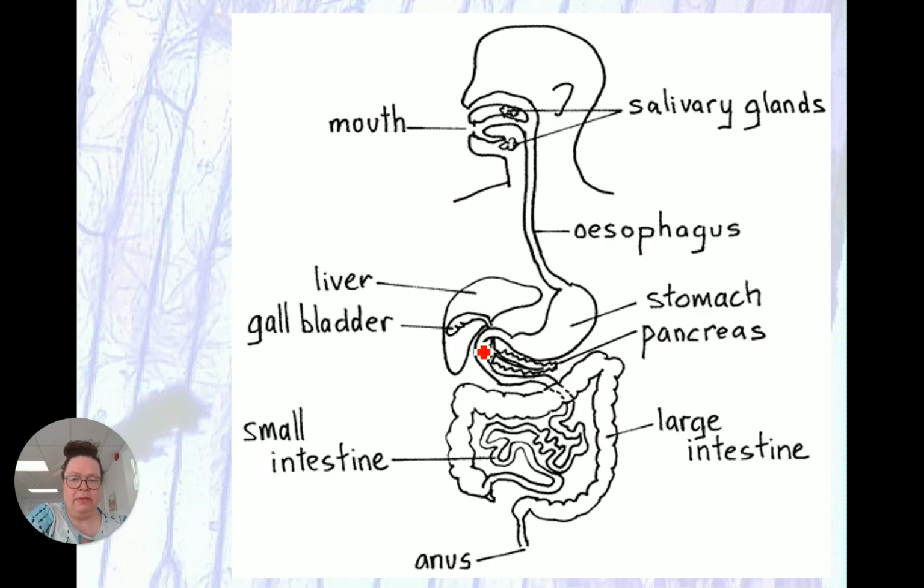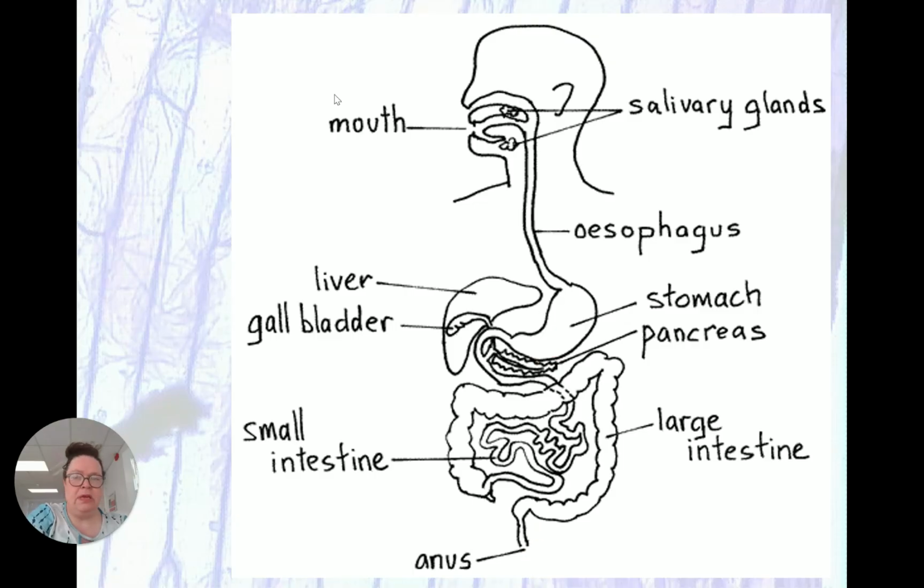We then go into the small intestine and that follows round all the way around here, and then we get to the large intestine and then all the way around to the anus here.